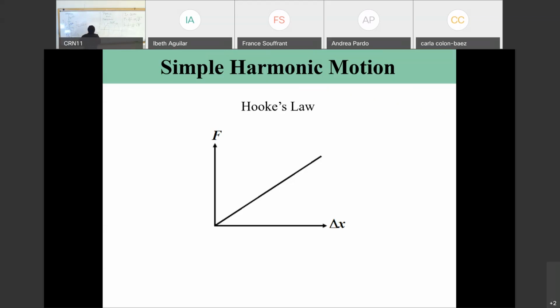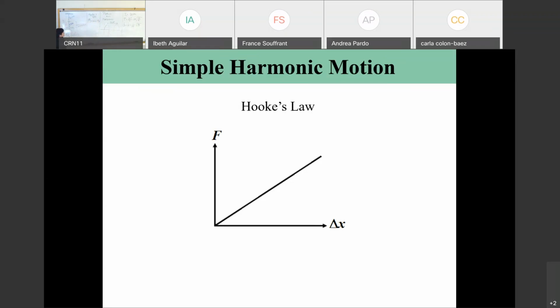So look, you can say that according to Hooke's law, there should be a minus, but I'm taking the absolute value, okay? Equals mg.